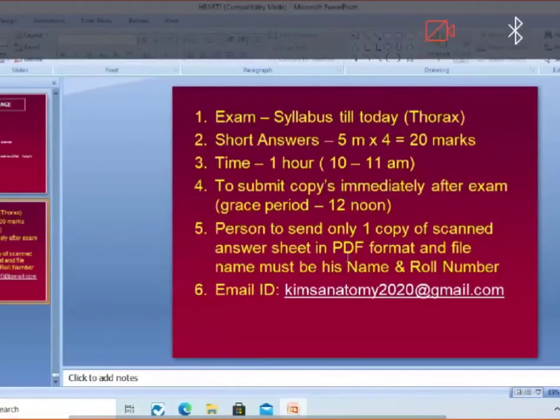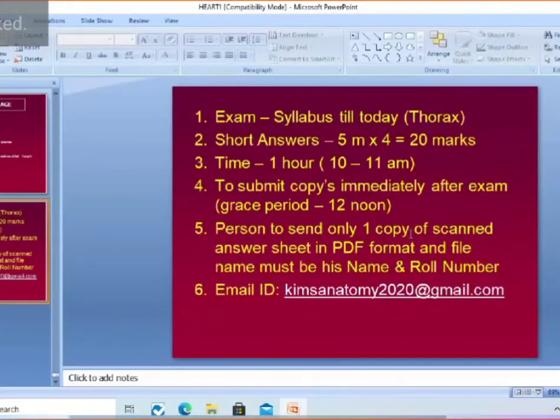What our staff is telling is, once you scan the copy, you have to convert it into PDF, and you have to rename the PDF file and write your name and roll number on the PDF file.